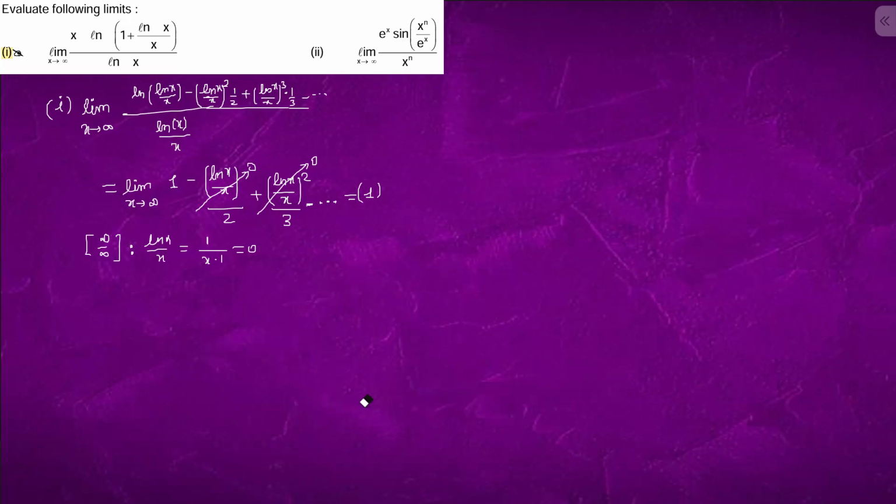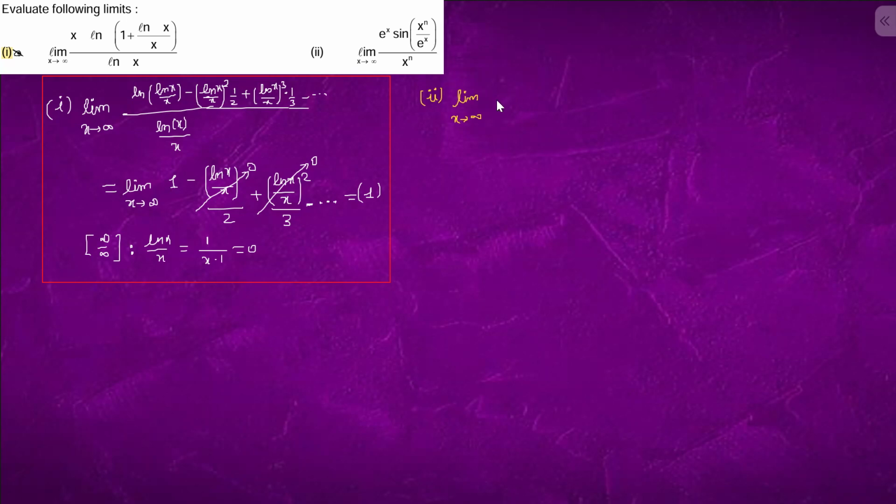So after this, we are proceeding with question number 2. The limit x tending to infinity of (e^x sin x)^n by e^x. So x tending to infinity, this is infinity by infinity.